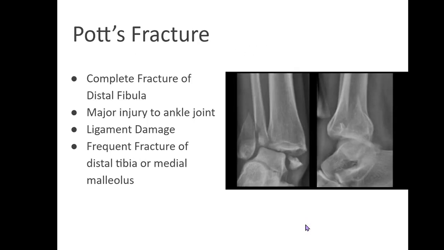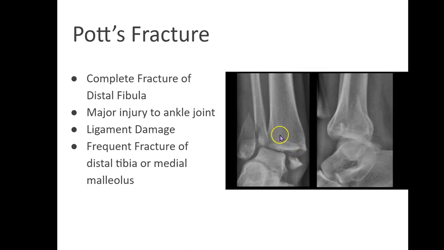Okay, a Pott's fracture. A Pott's fracture is a complete fracture of the distal fibula with major injury to the ankle joint. And typically this involves ligament damage, and you may even see a fracture of the medial malleolus as well. So here is your fibular fracture. Here is your medial malleolus fracture.